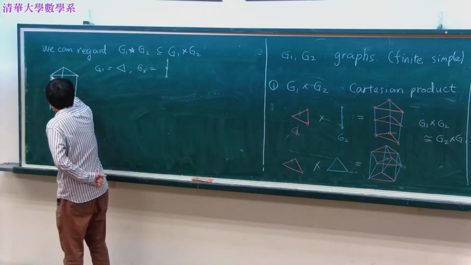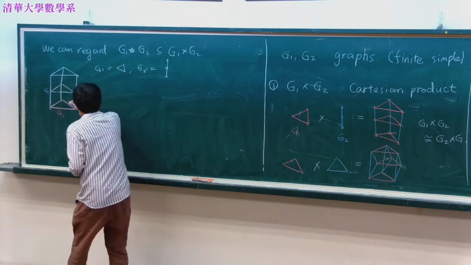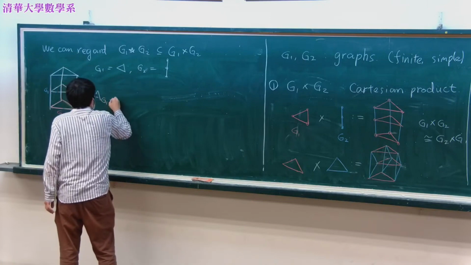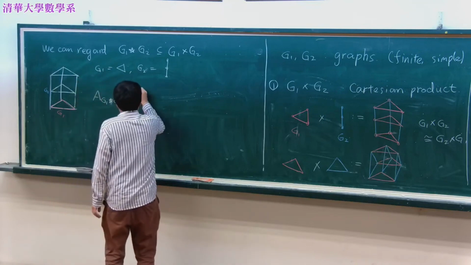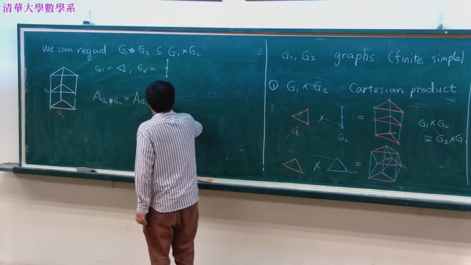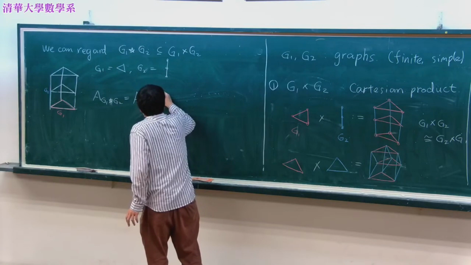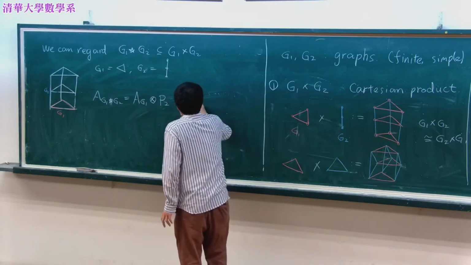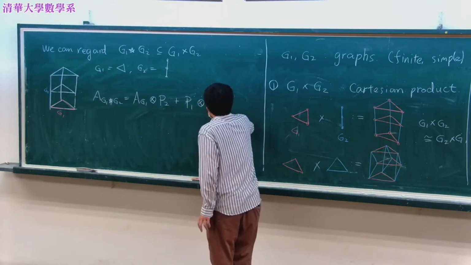So if we regard a star product in this way as a subgraph, then correspondingly we can write the adjacency matrix of G1 star G2 as A_G1 tensor, here comes not the identity but some projection P2, plus P1 some projection tensor A_G2.